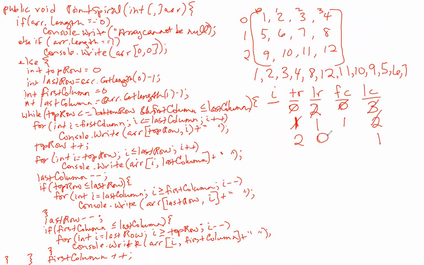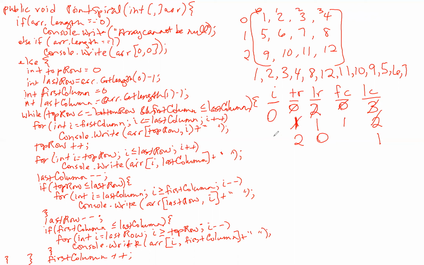If first column is less than or equal to the last column, so first column is less than or equal to the last column, so we do go into this statement. So, and I equals last row, so I is 0. I is greater than or equal to top row, which is not the case. Top row is 2.